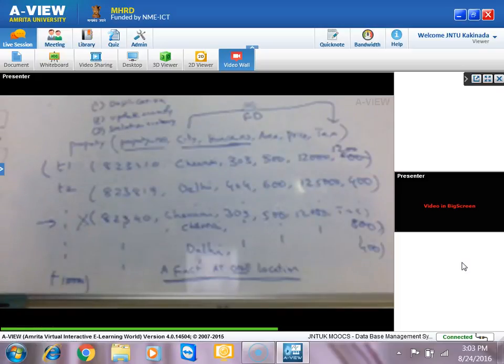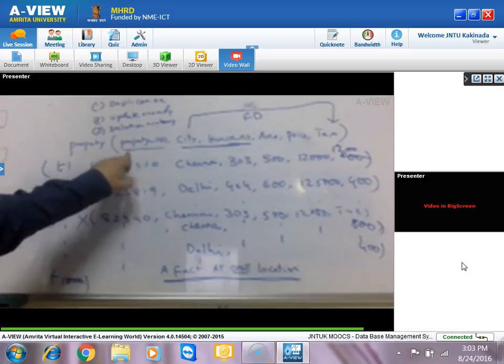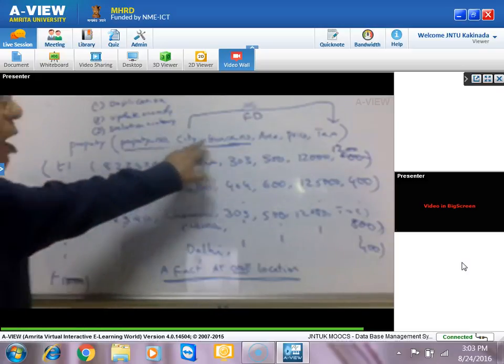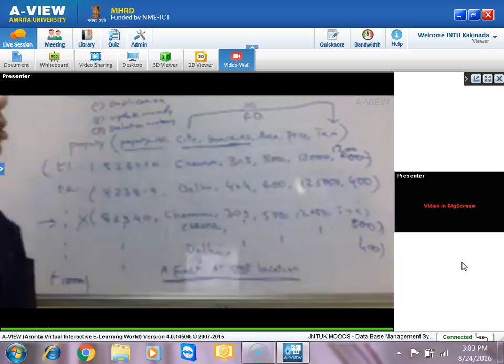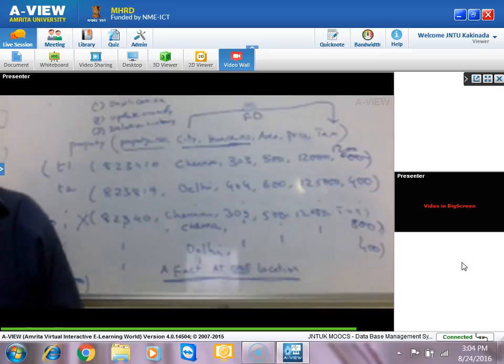It will not happen. Which means that if you make something a key, and the key functionally determines all other attributes, you know that in that relation, that fact will never repeat.